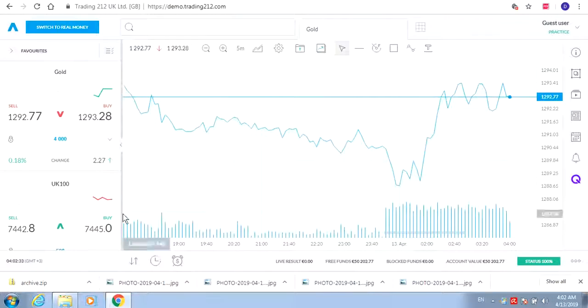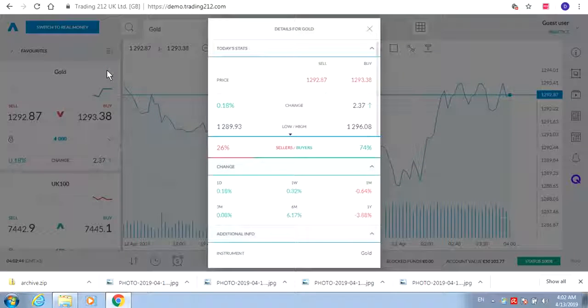So to do that, you have to check the instrument details to see who is controlling the market. As I have said, when the buyers are dominating the market, the sellers will start to try to push the price down, which in other words means that the price will be expected to go down. So the best thing in this case is to take a short position instead of entering a long position.